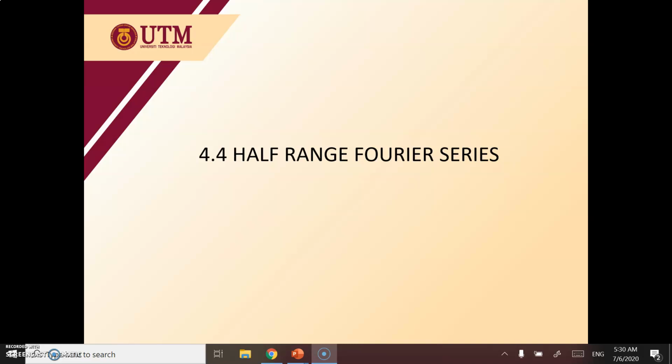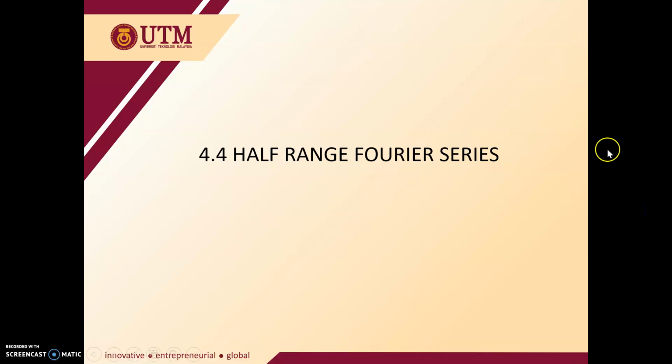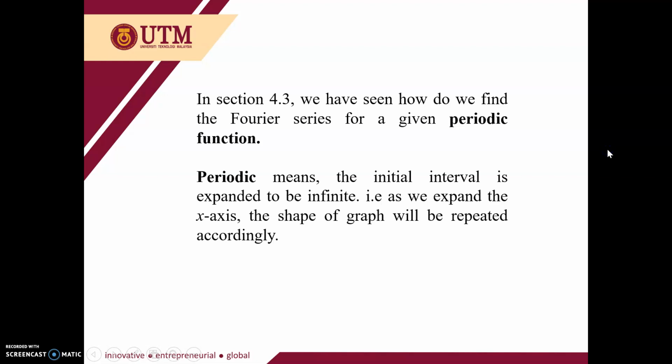So we have half-range Fourier series. Before this, in section 4.3, we have seen how to find the Fourier series for a periodic function. Periodic means the initial interval that you have from the given problem is expanded to be infinite.